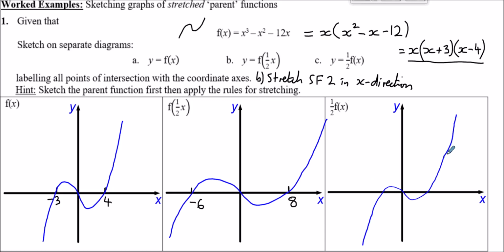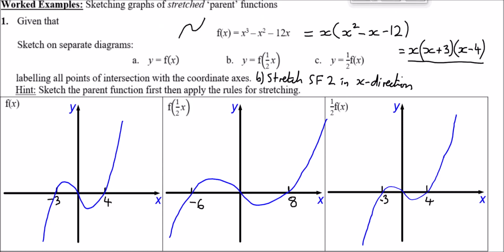Almost wish I hadn't now, that looks totally wrong, but never mind. So -3 and 4 are still in the same place, but as you can see, these humps aren't quite as big. They're only half the size because the y-coordinates of these maximums and minimums have been halved. But the x-coordinates are invariant, they don't change. So the roots are still -3, 0 and 4.